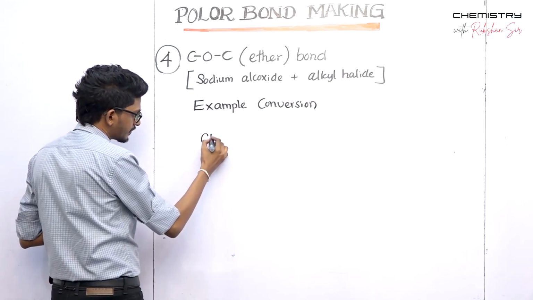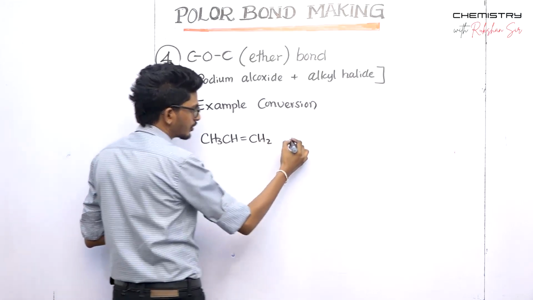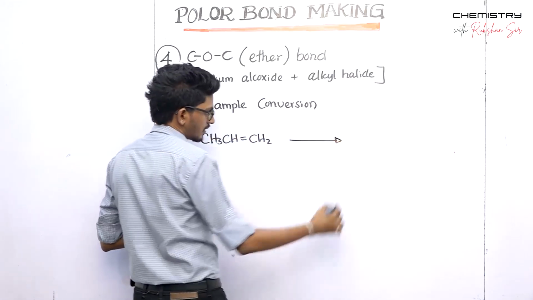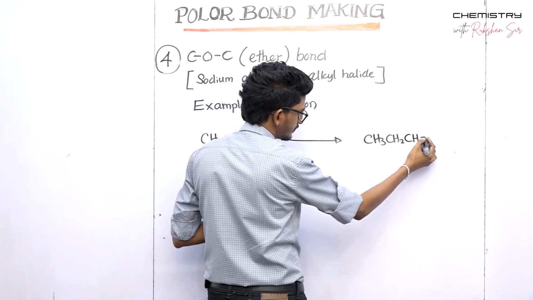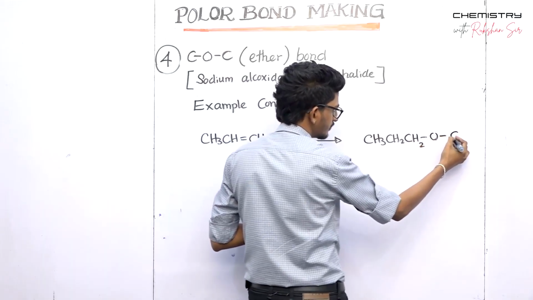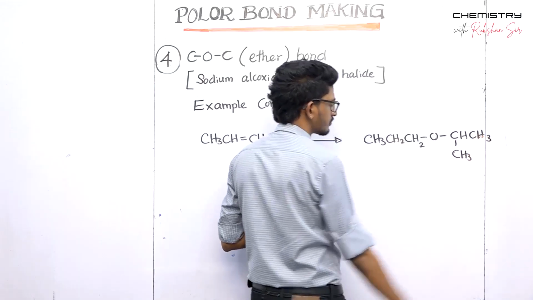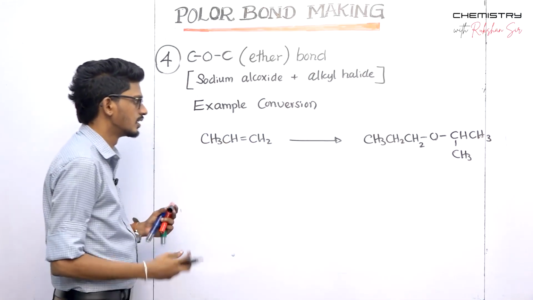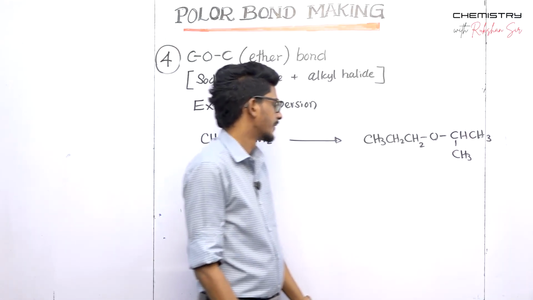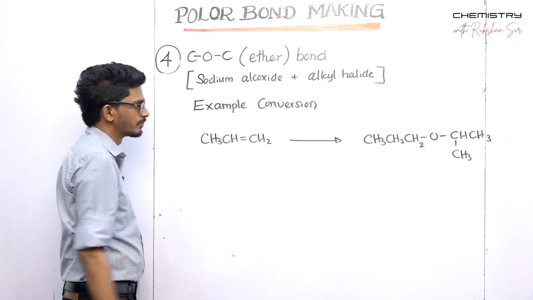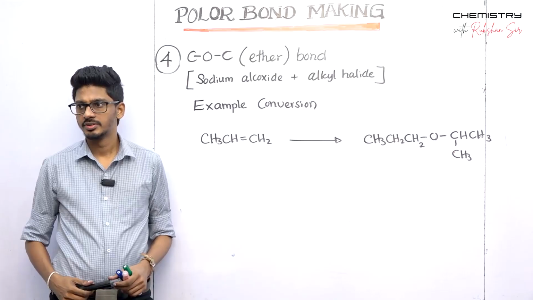Right, you are supposed to start with this alkene and produce this kind of stuff. So that is what you are supposed to come up with by just starting with this organic compound. Okay, let's do it.